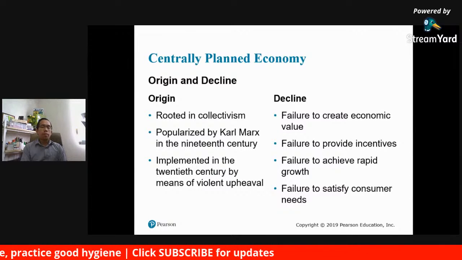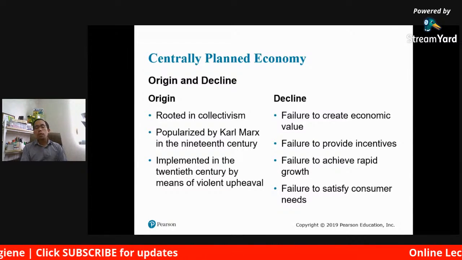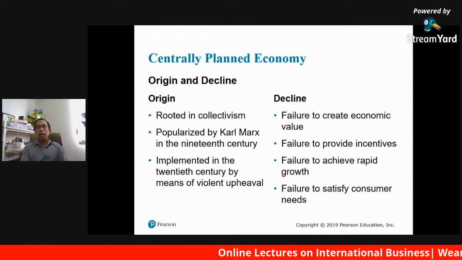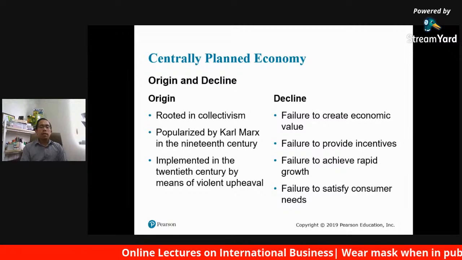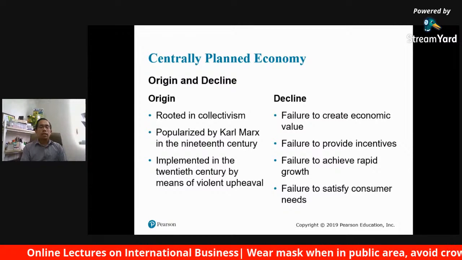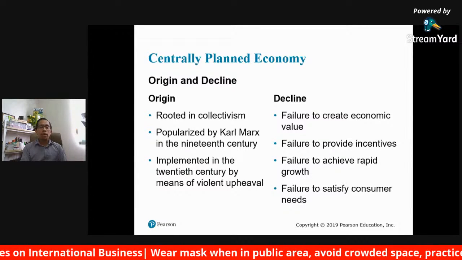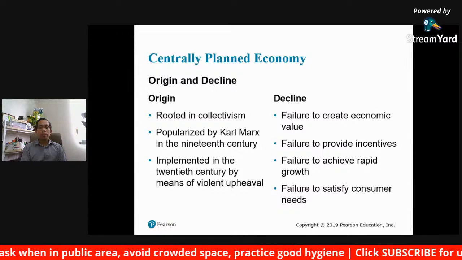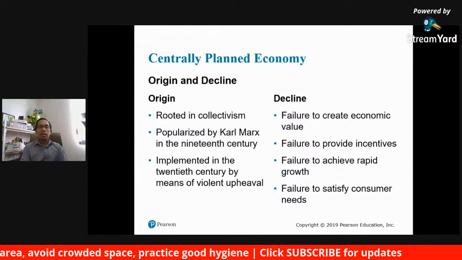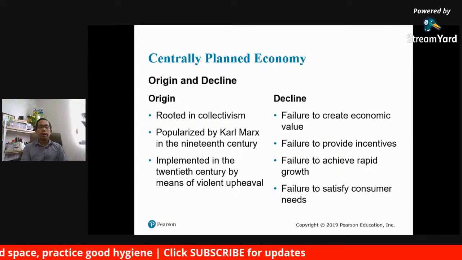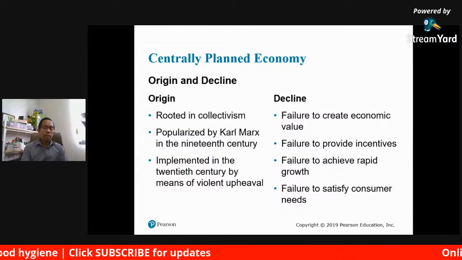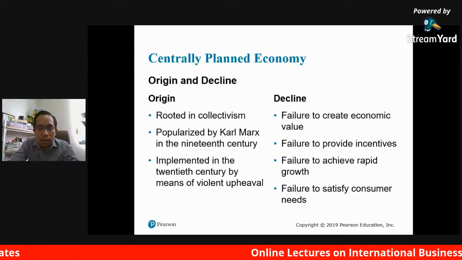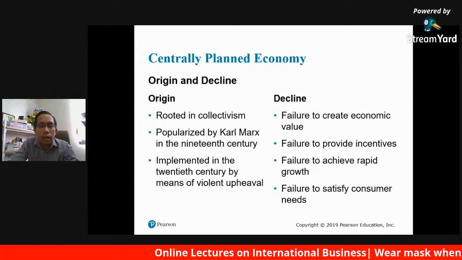So people are turning to the black market, which later challenges the purchasing power of people itself. Okay, this is a centrally planned economy. Malaysia did not impose this kind of economy.